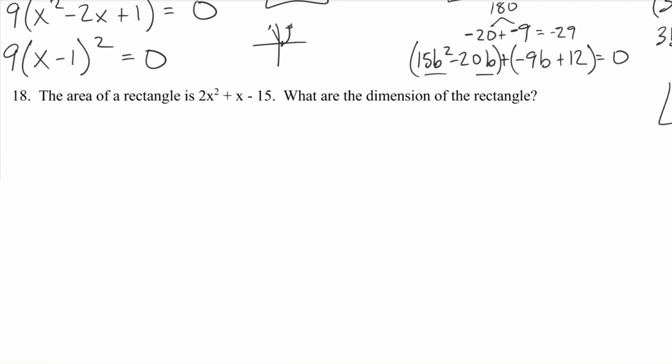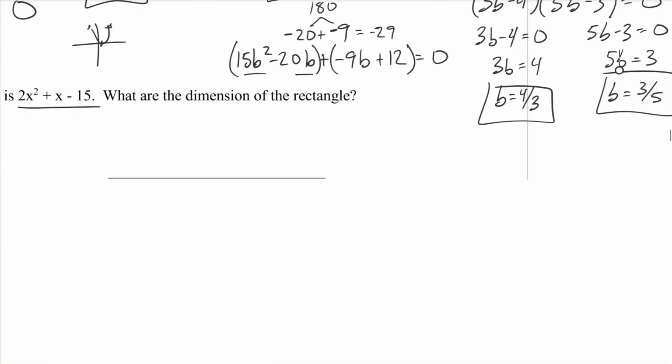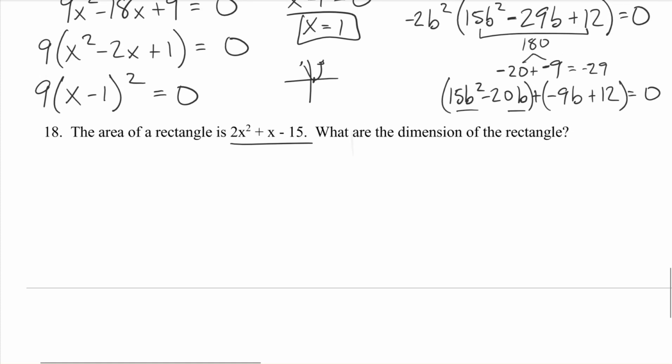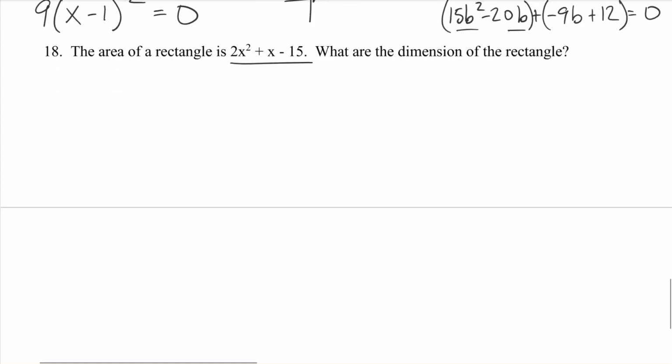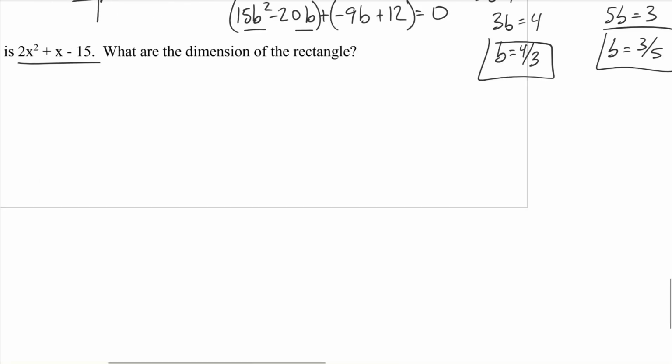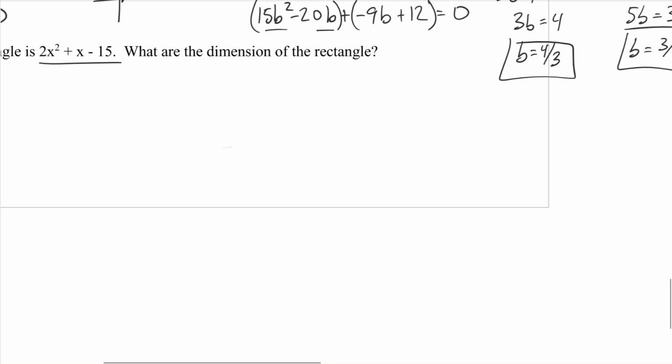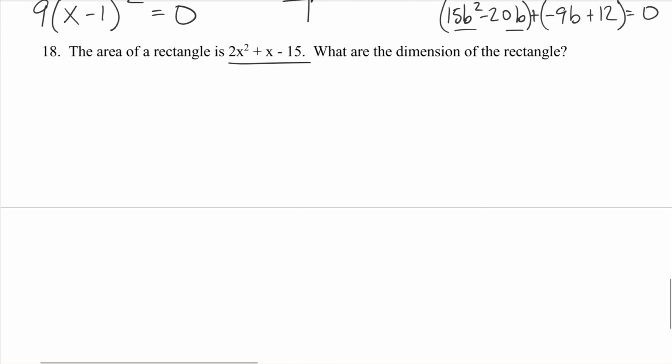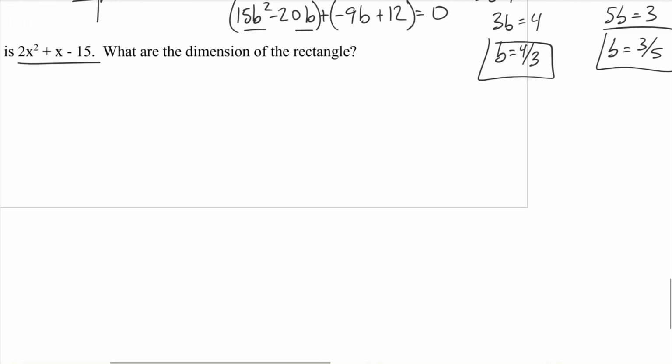18. The area of a rectangle is 2x squared plus x minus 15. What are the dimensions of the rectangle?